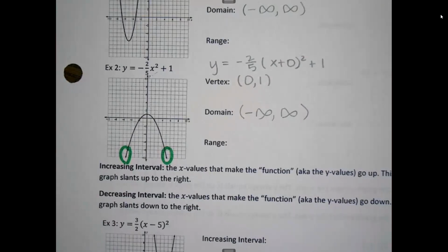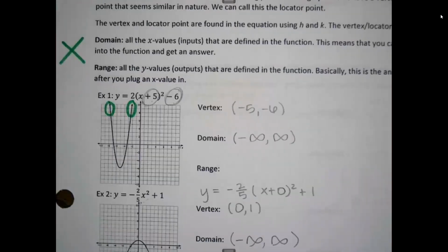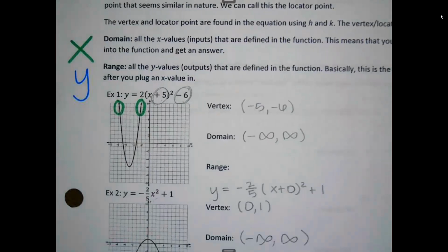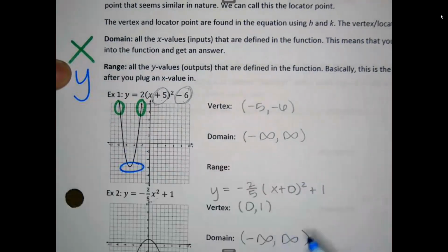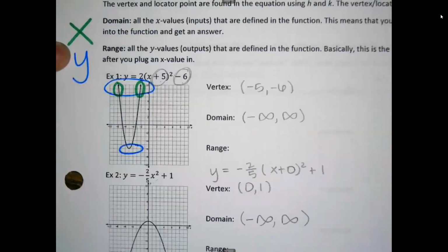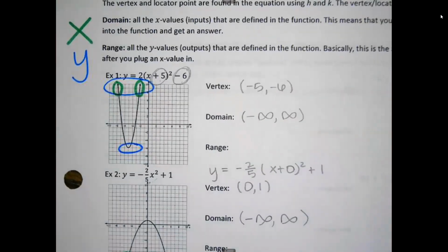Okay, next I'm going to look at the range, which is the Y value. So I'm going to switch colors. Y values for the range. So for the range, we go from the bottom of the graph to the top of the graph, and we're using Y values.